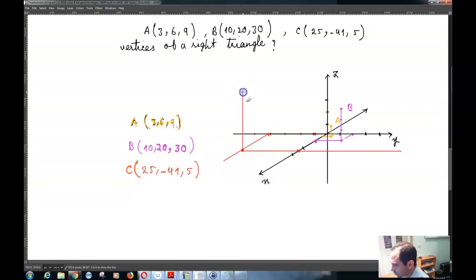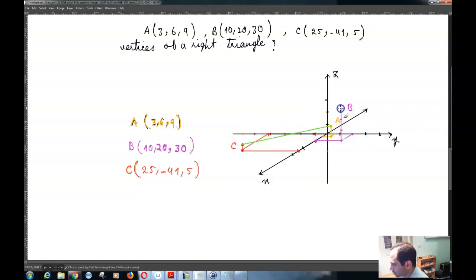Now I need to go 5 units up, so 5 units up would be somewhere about there, and so your point would be that point over here, which is point C.